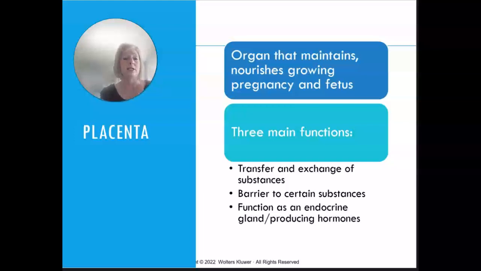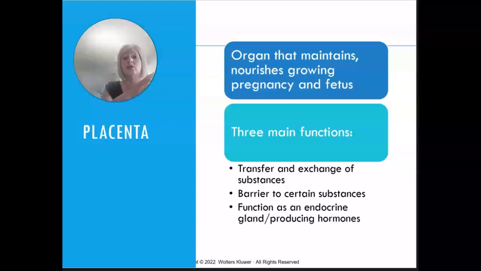So the placenta has three main functions. The first one, it's going to transfer nutrients, oxygen, everything to our baby through our umbilical cord vessels. I get confused too: two arteries and one vein.